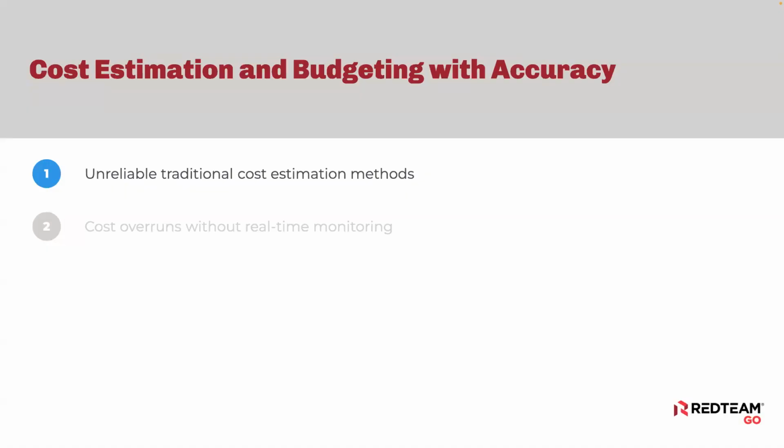All right. Next up, we're talking about cost estimation and budgeting with accuracy. Most general contractors already have a lot of data. Doesn't matter if you're running your business using manual methods or a multitude of different software, whether that's schedule data, cost data, safety data, quality data. The challenge is that most companies are not utilizing that data.